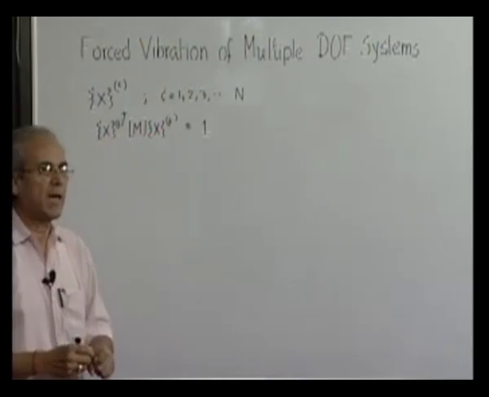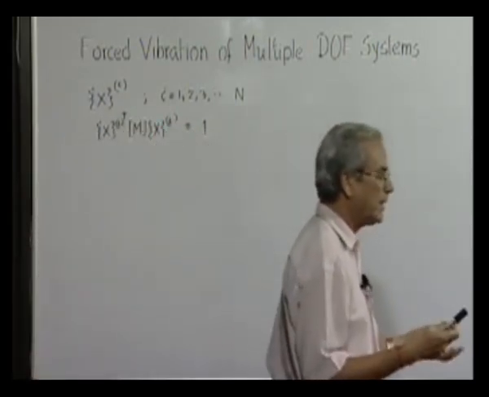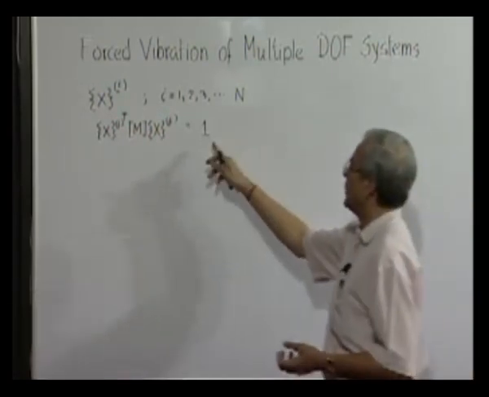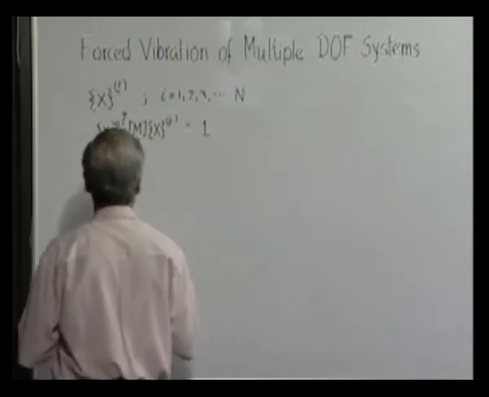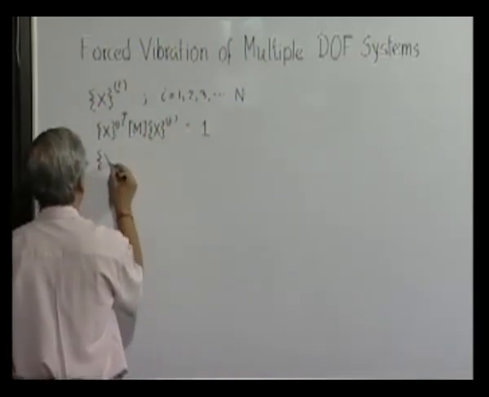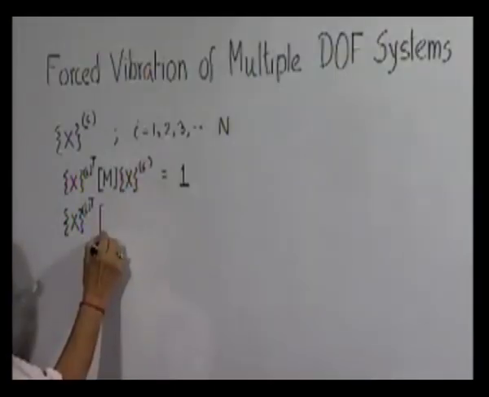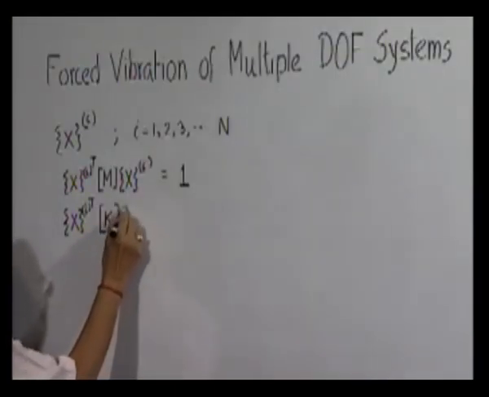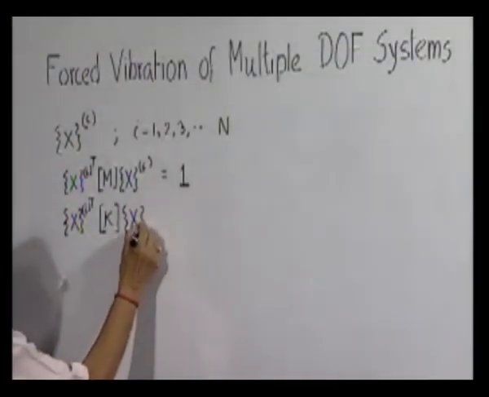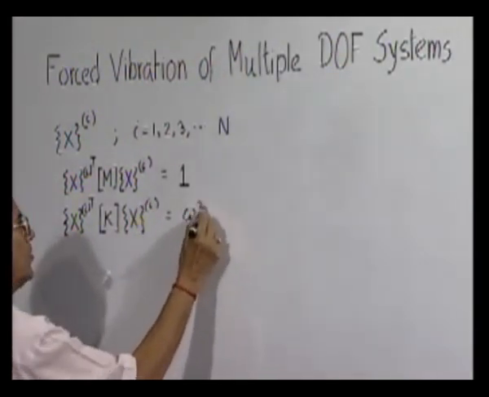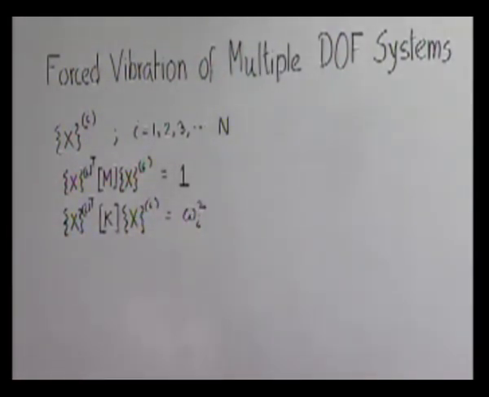Otherwise, for free vibration, amplitudes do not have any definite value. So, to give some kind of a normalized approach, we use this generalized mass equal to 1.